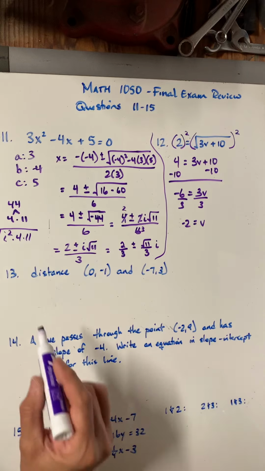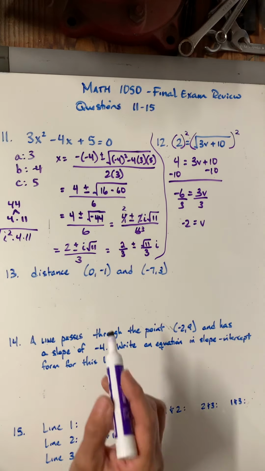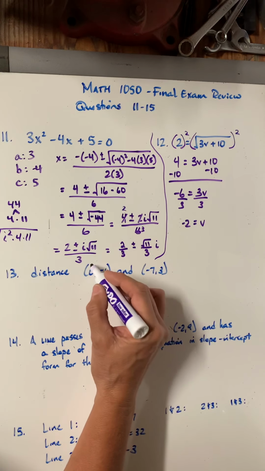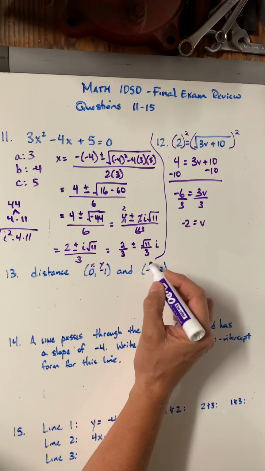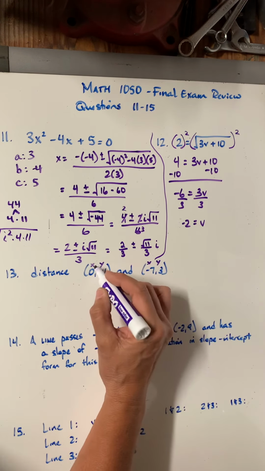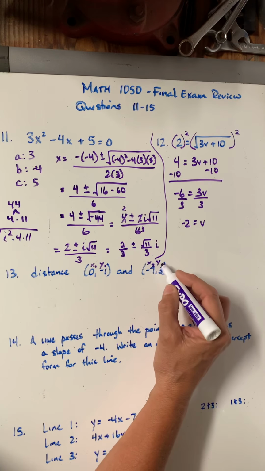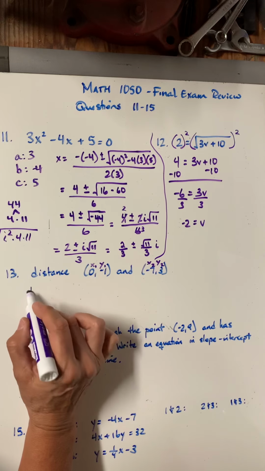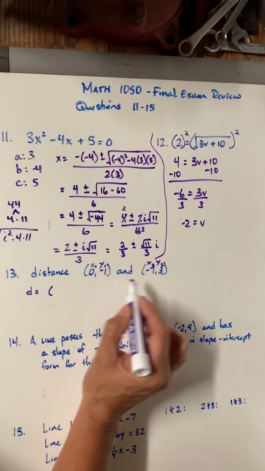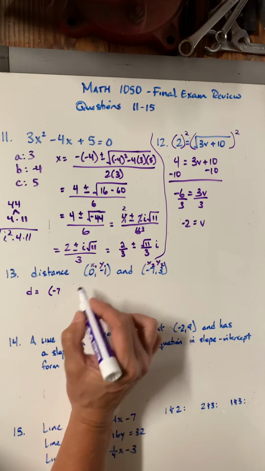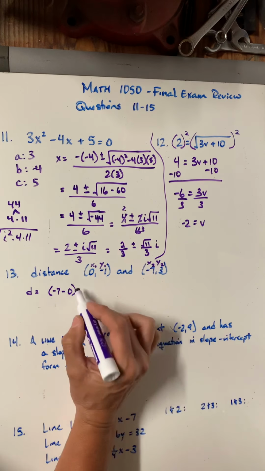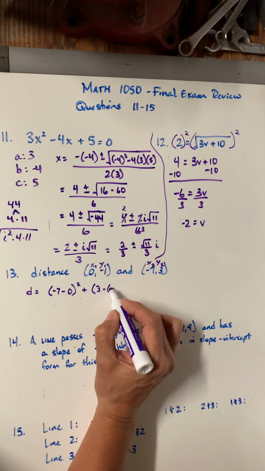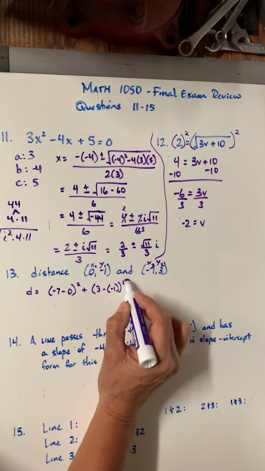Problem number 13, they want us to use the distance formula to find the distance between these 2 points. So I recommend that you label your points. So x and y, x and y. This is my point 1, this is my point 2. So the distance formula is d equals the square root of x2, which is -7, minus x1 squared plus y2 minus y1 squared.